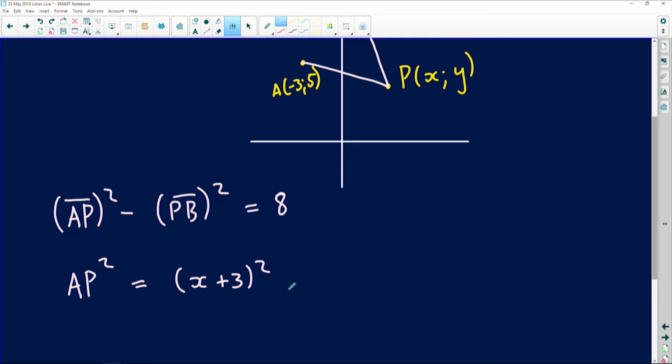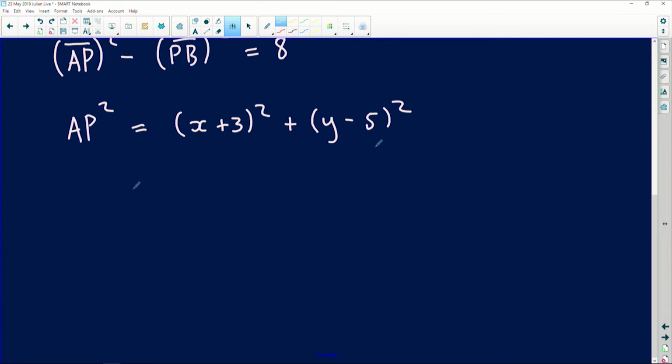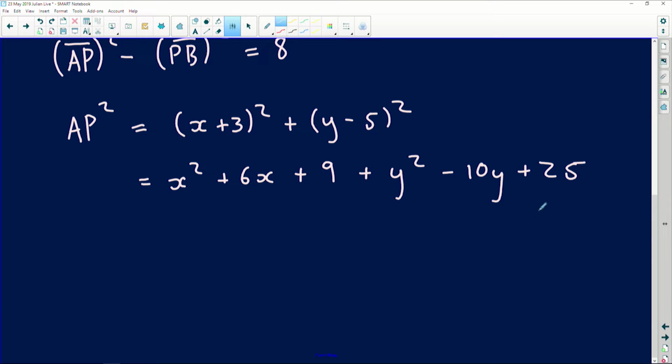And it's my distance formula, so I'm going to add the difference on my other two coordinates, which is (y minus 5), all squared. Actually, let me multiply this out. I'm going to end up with x squared plus 6x plus 9 plus y squared minus 10y plus 25. And I'm going to call this equation number 1.